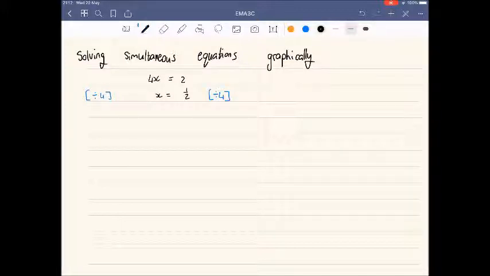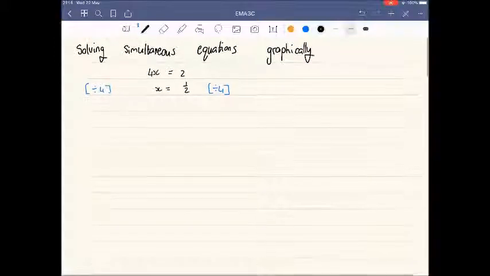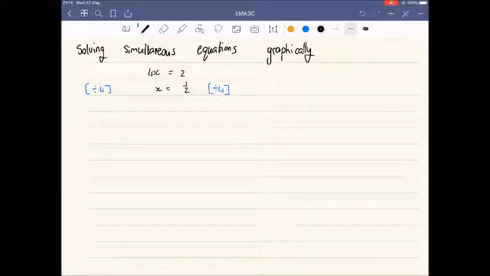So a simultaneous equation, or a set of them, is a very similar concept, except this time you have two equations, and instead of having just one unknown x, you have two unknowns, x and y. So let's look at the example for today.